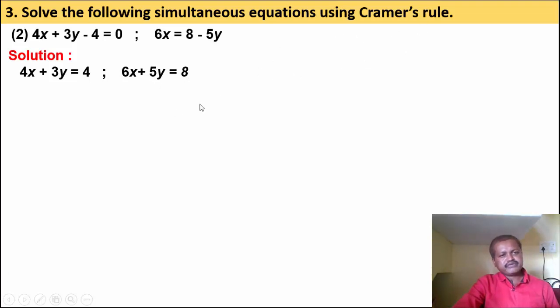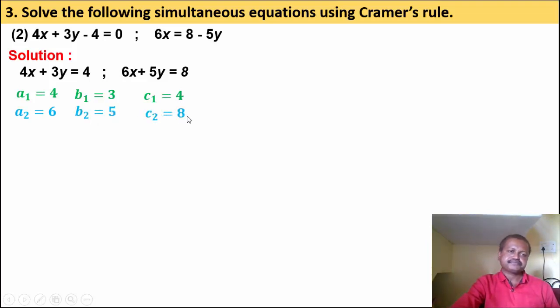Now compare these equations with ax plus by is equal to c. You calculate the values of a1, b1, c1 and a2, b2, c2. We write directly a1 is equal to 4, b1 is equal to 3, c1 is equal to 4, and a2 is equal to 6, b2 is equal to 5, and c2 is equal to 8.